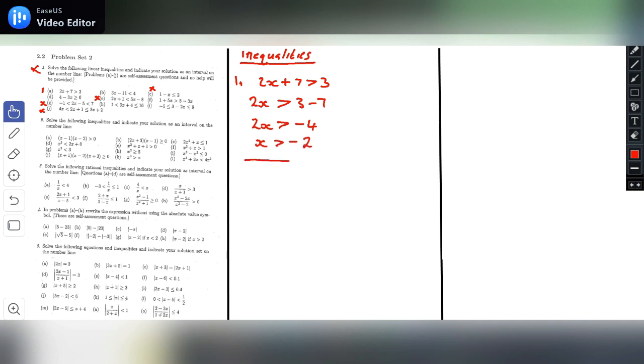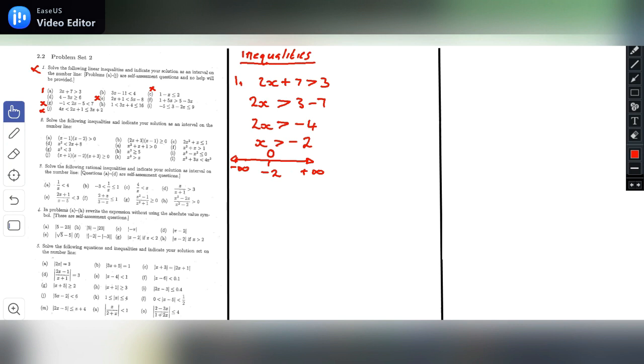So when we represent it as an interval, here we have negative infinity and here we have positive infinity. The value that we have is negative 2, whereby x is greater than negative 2. It means we're going to use a circle that is not shaded inside because it's an open interval.